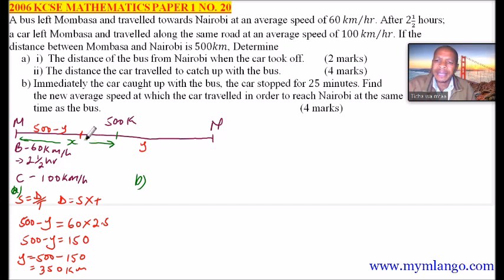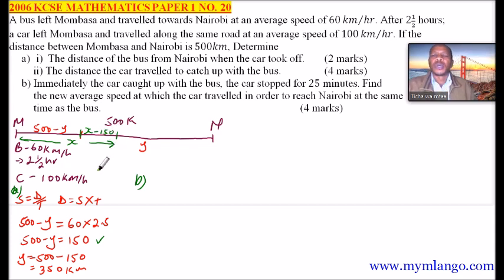Since the distance from here to here we have already found is 150, we can simply say the distance from where the bus was by the time it was 2.5 hours to where the car caught up with it is x minus 150.